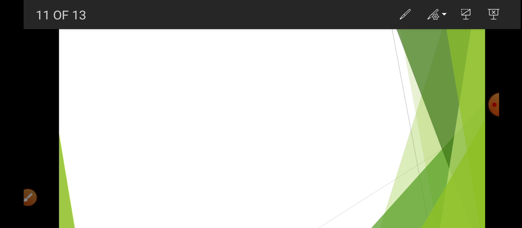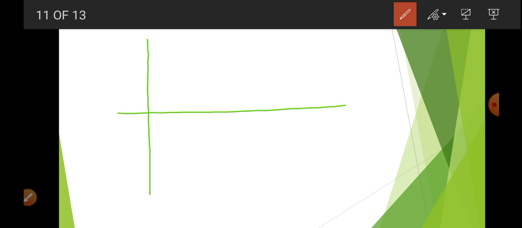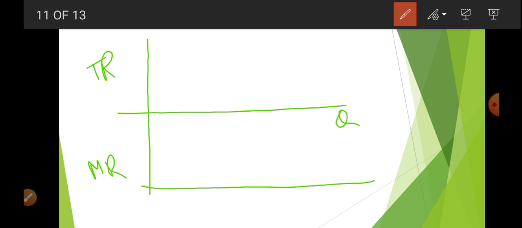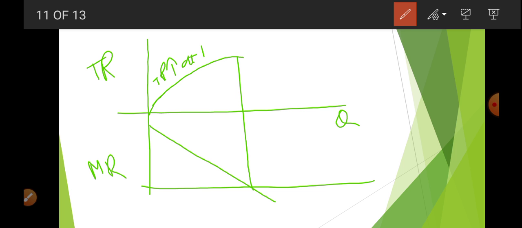So if I draw it in my own way, here we are going to represent output, here will be total revenue, here will be marginal revenue. So what we find, it decreases. So we will draw one line here. Total revenue increases at this point, TR increases at a decreasing rate.